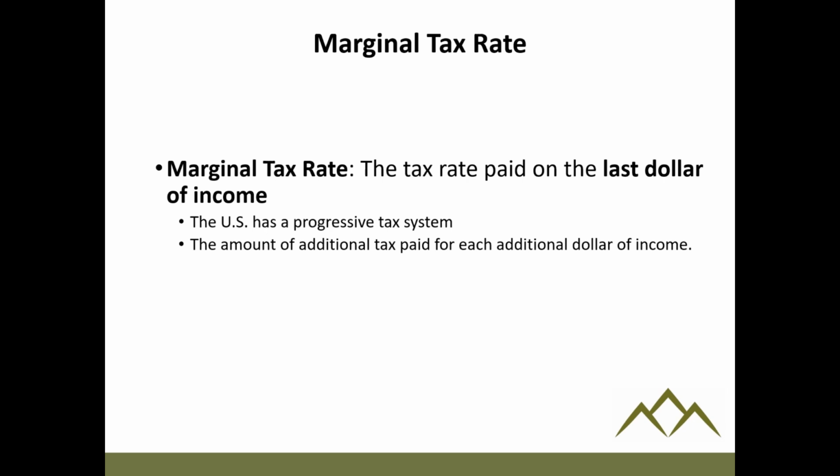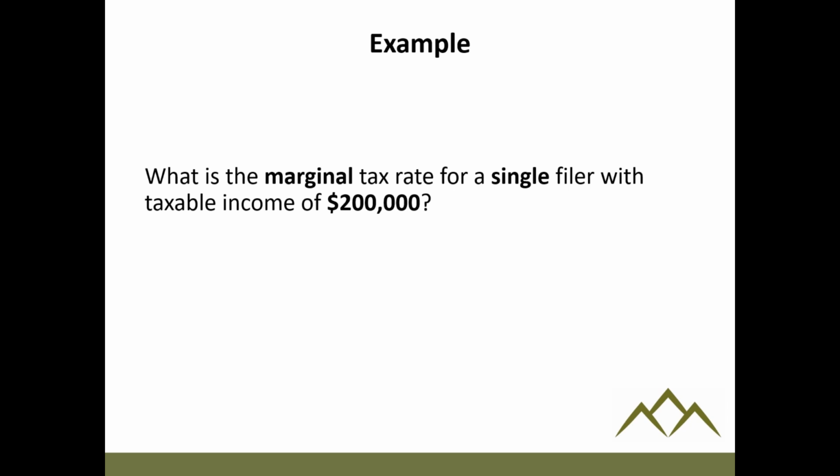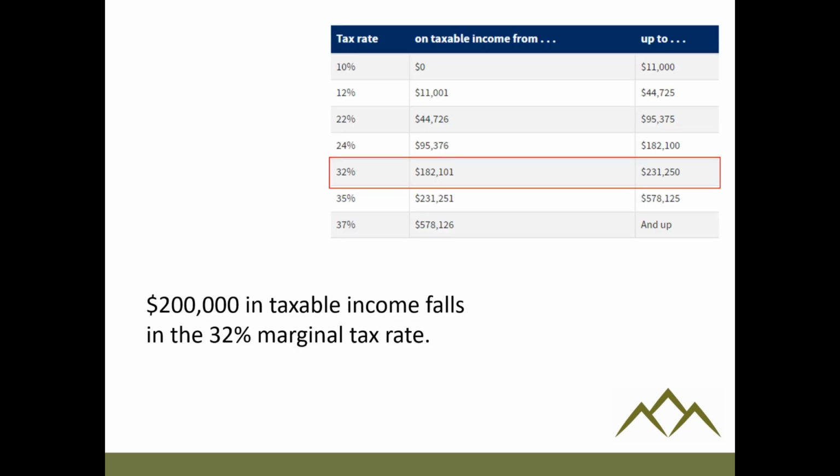Each time you graduate a bracket, every dollar that you earn above that point is going to be taxed at the higher rate, not the entirety of it. So if we go into the example, which I think will help illustrate it better than I've explained it: if we look at marginal tax rate for a single filer with taxable income of $200,000, and you go into the 2023 brackets, in this instance they would find themselves in a 32% marginal rate.